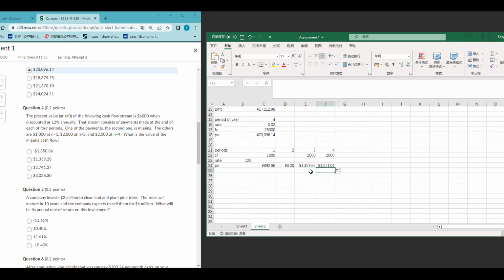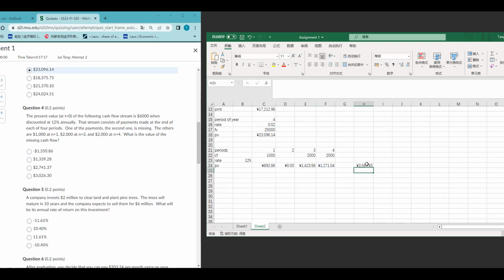Since we know the total present value of the cash flow is 6,000, we use the sum function, summing from the first one to the last one.